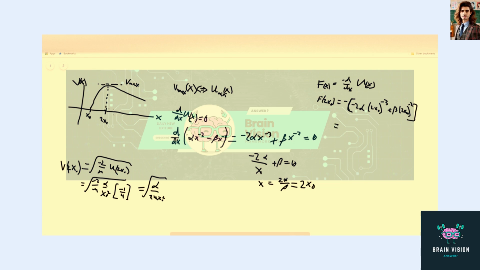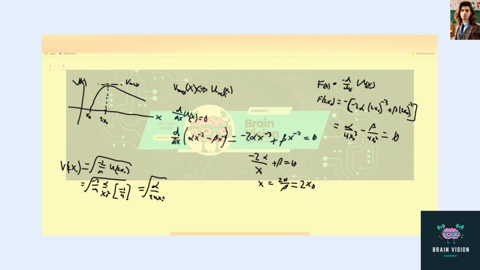Okay, and that will get simplified down to alpha over 4 x naught cubed minus beta over 4 x naught squared. And then this is going to simplify, when we substitute in x naught equal to alpha over beta, it's going to be equal to 0.